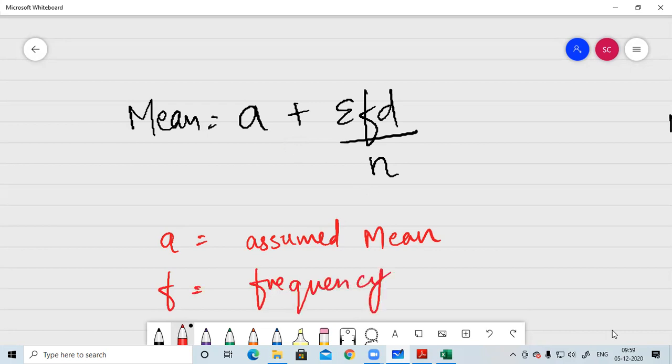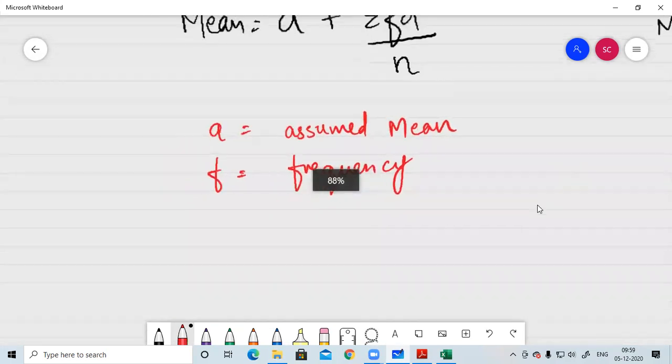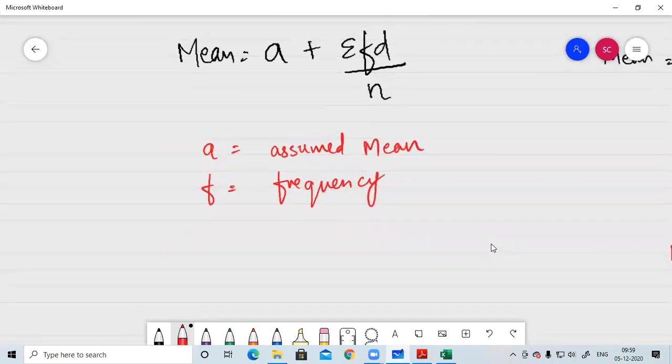N is always the number of observations in mean, median, and mode. D again stands for X minus A. Is this understood? So just copy the formula. How to solve it, I will teach you definitely.